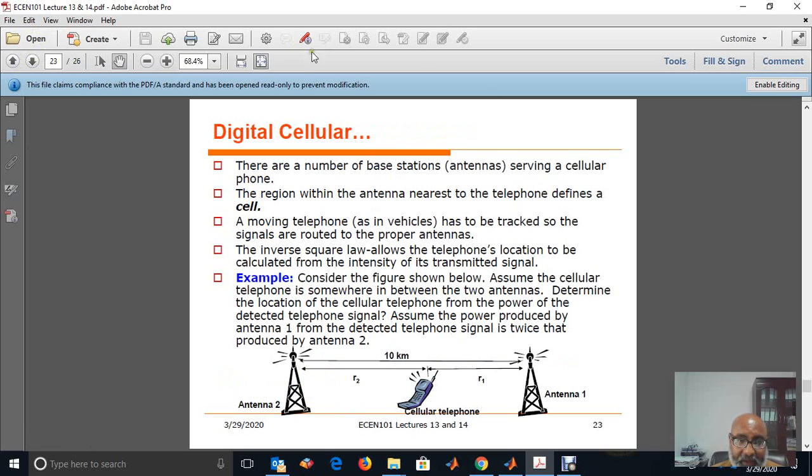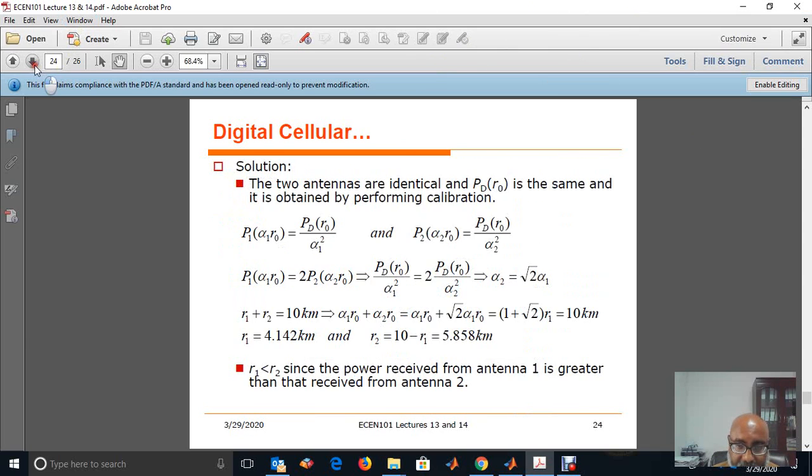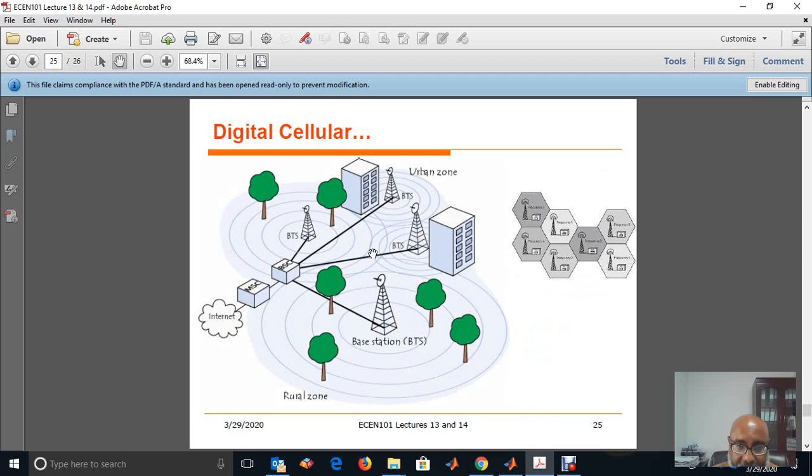Now, in a digital cellular system, there are a number of base stations. What are base stations? Okay, I go back here. This is, for example, a certain area. This area is served by different base stations.